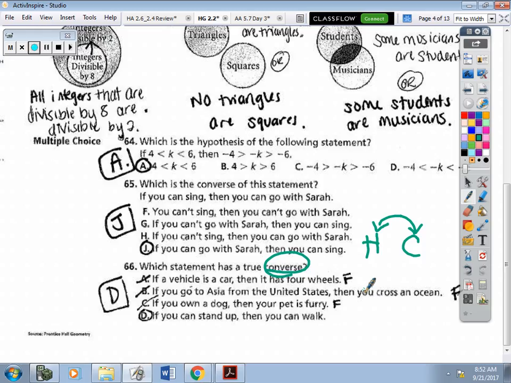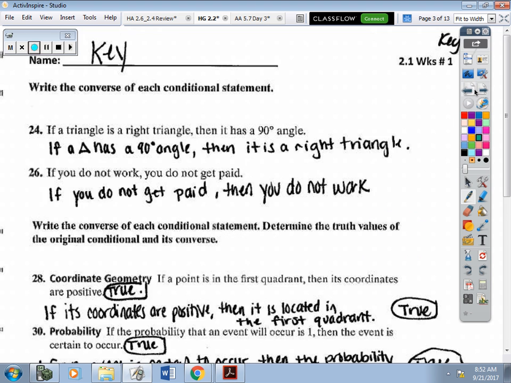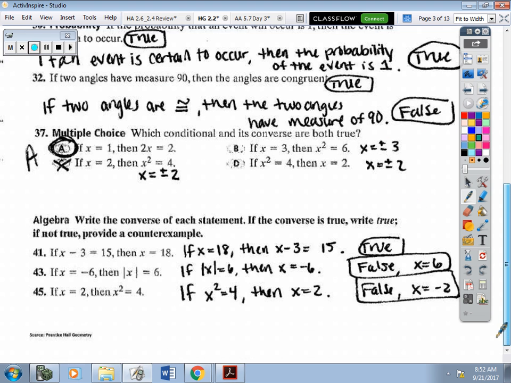Next one. Marquise? 43. All right, so 43, the directions said write the converse of each statement. If the converse is true, write true. If not, provide a counterexample. So the original statement said, if x equals -6, then the absolute value of x equals 6.